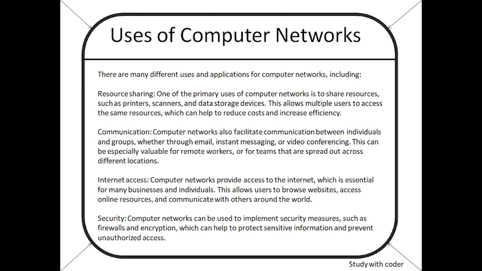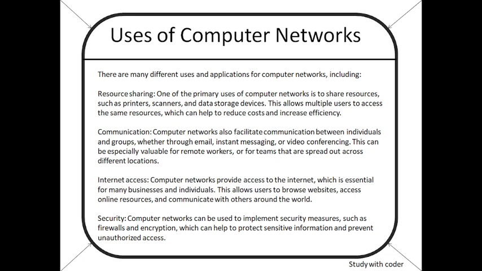This allows multiple users to access the same resources, which can help to reduce cost and increase efficiency. Communications. Computer networks also facilitate communication between individuals and groups, whether through emails, instant messaging, or video conferencing. This can be especially valuable for remote workers or for teams that are spread out across different locations.